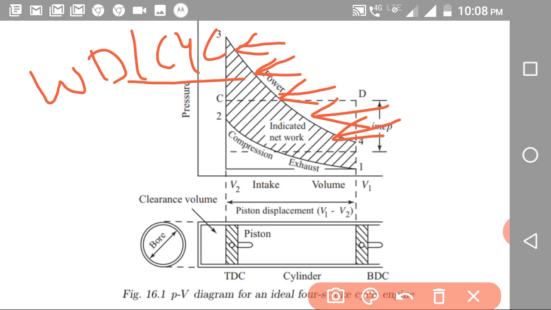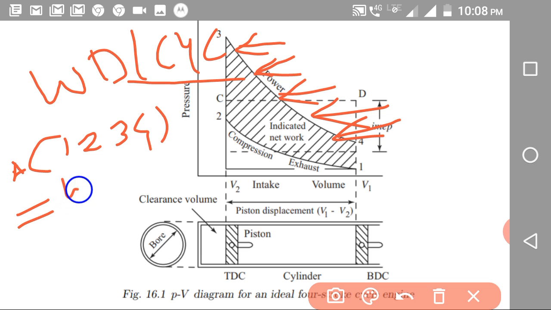So we can say area 1, 2, 3, 4 is giving the work done per cycle. This area is giving you the work done per cycle.